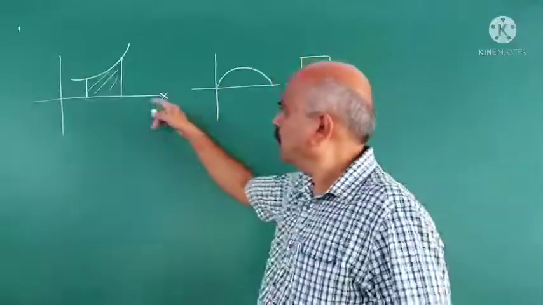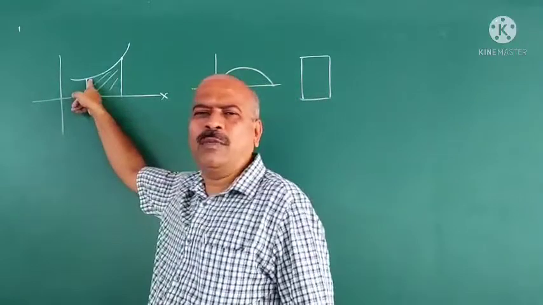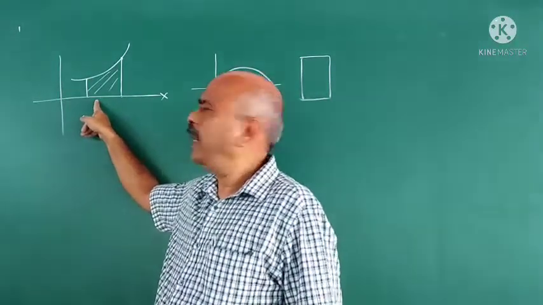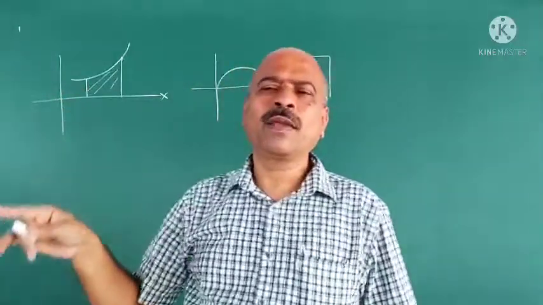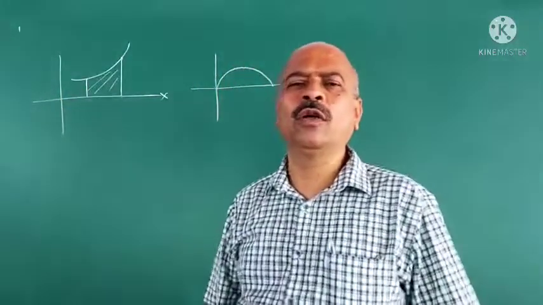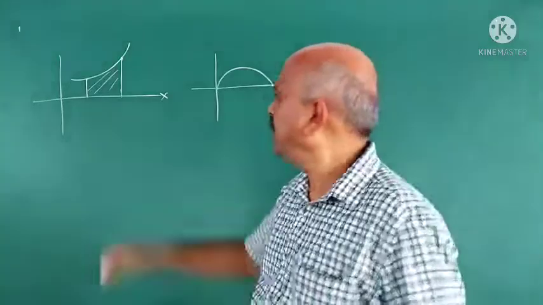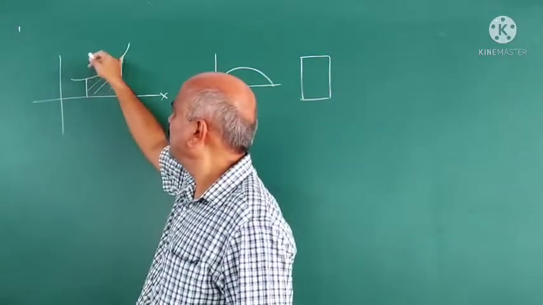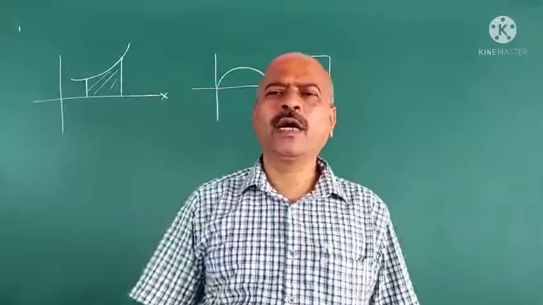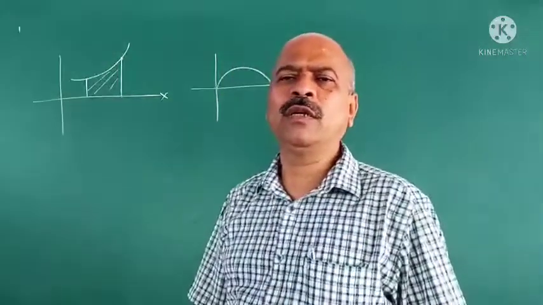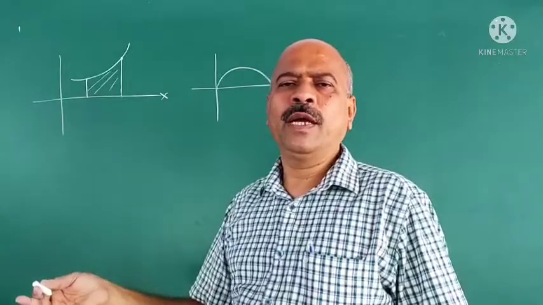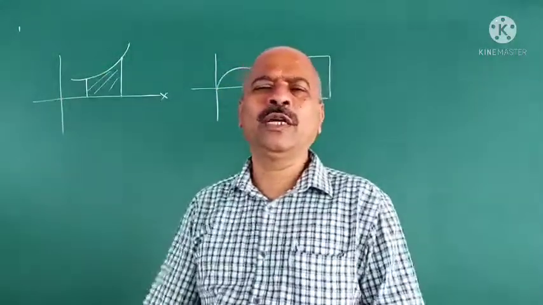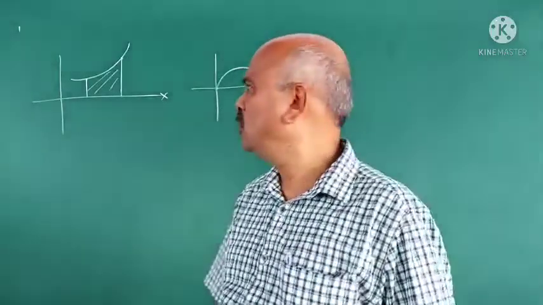Now, if we revolve the area under the plane curve about some line, then we will get a solid. The volume of the solid thus obtained is called volume of revolution. And this curve gives rise to a curved surface for the solid, and the total surface area of that solid is called surface of revolution.